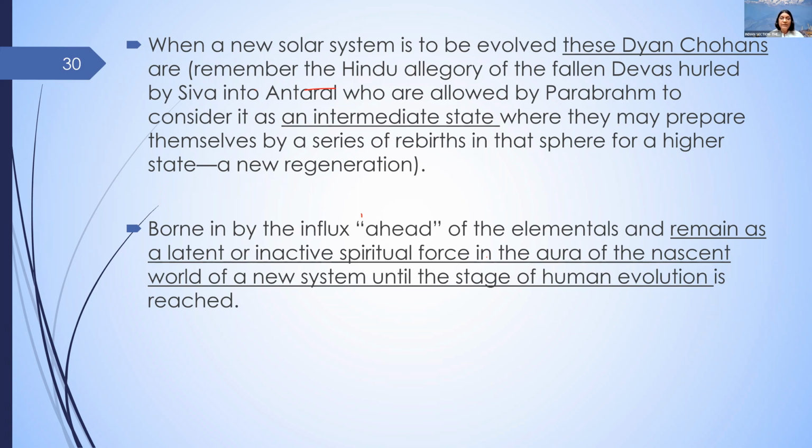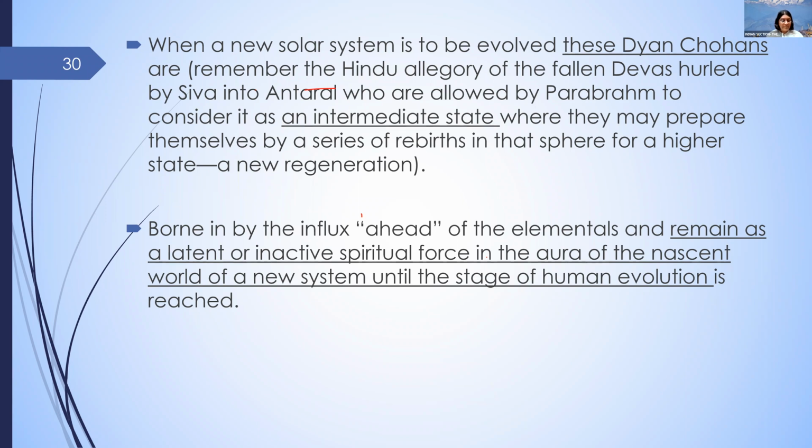So this is actually referred to in our Hindu scriptures that the failed devas remain in an intermediary state. Antaral is nothing but antariksh or the astral plane. And they wait there, preparing themselves for regeneration, for their onward evolution.